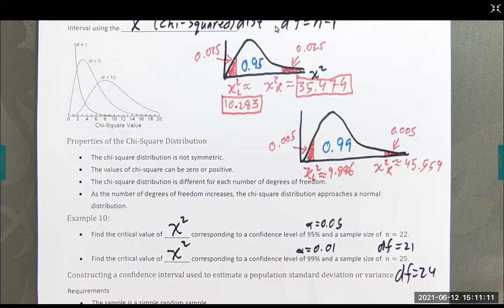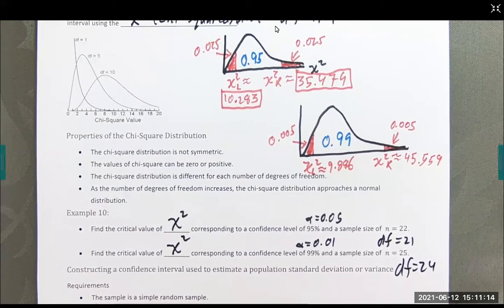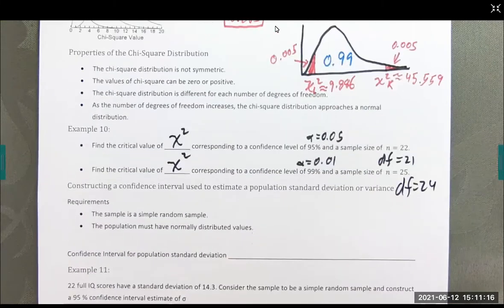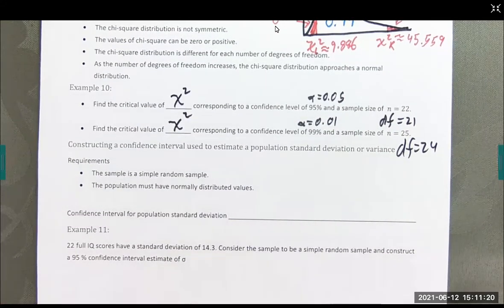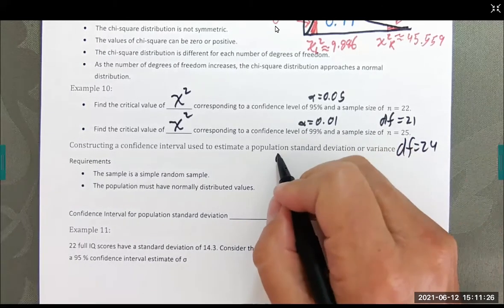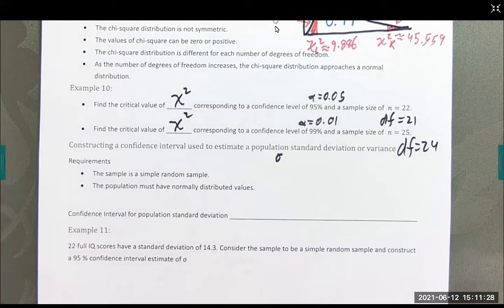Now, what are we going to do with those values? I'm going to show you. So we're going to construct a confidence interval for the population standard deviation. That, of course, is sigma. And here's what this is going to look like.